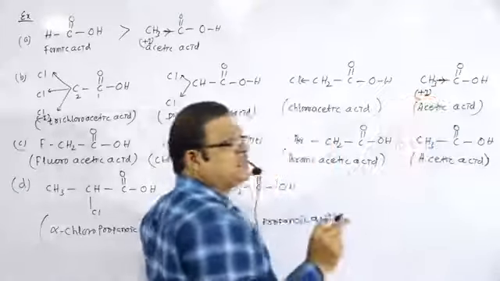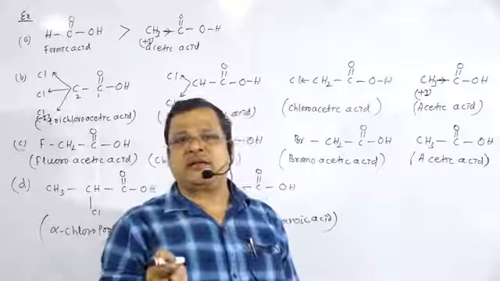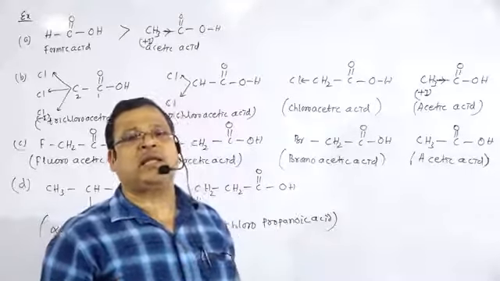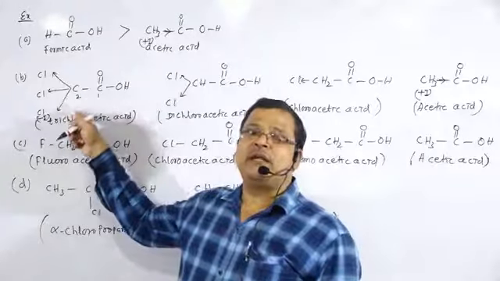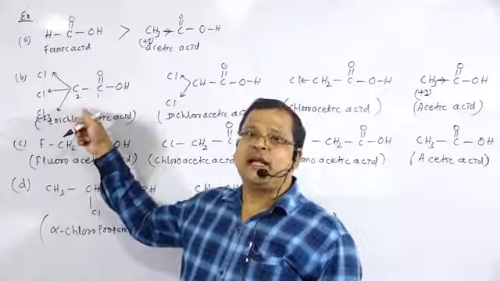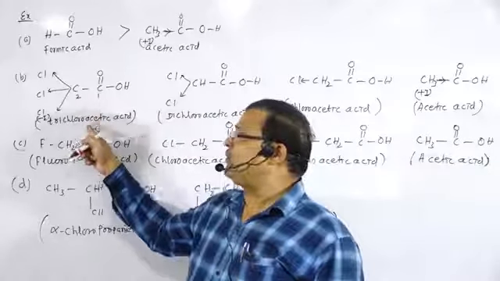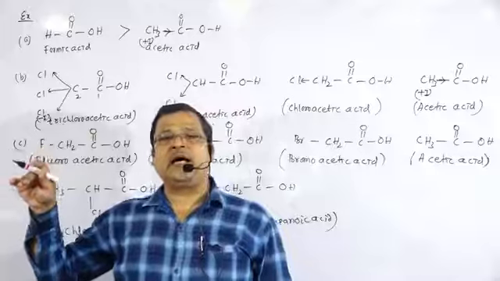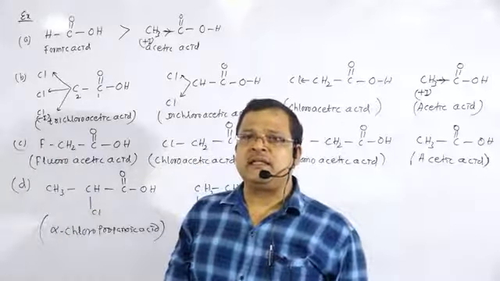So the presence of plus I group will destabilize the carboxylate ion, and the presence of minus I group will stabilize the carboxylate ion. So more is the number of minus I group, more is the stability of that carboxylate ion. Therefore, the acidic nature of trichloroacetic acid will be more as compared to dichloroacetic acid, as compared to chloroacetic acid, as compared to acetic acid.